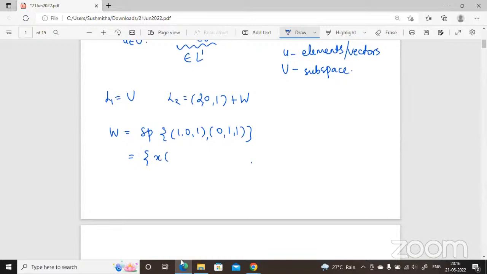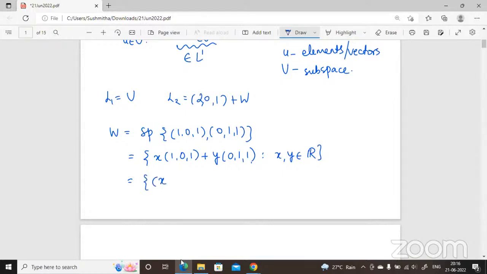When you have the span of 2 vectors, you can write it as x times (1, 0, 1) plus y times (0, 1, 1). The span of this set is nothing but this. I'm taking x, y so that we can write it in terms of a plane equation.